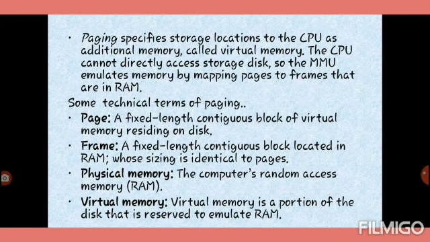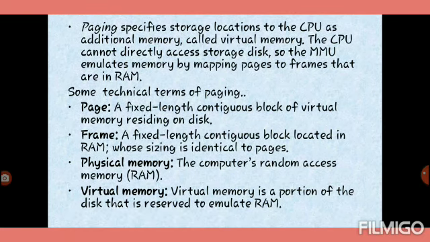A page is a fixed length contiguous block of virtual memory. Frames are on main memory or RAM. Physical memory is RAM; RAM only is called physical memory. Then virtual memory is a portion of the disk.